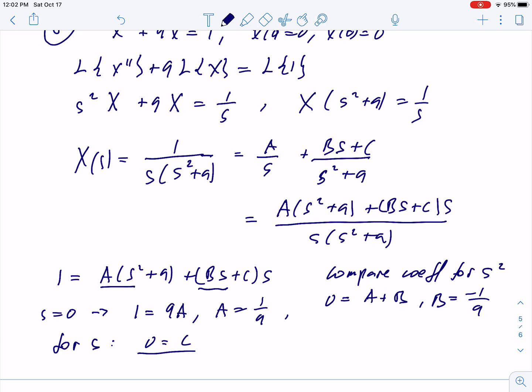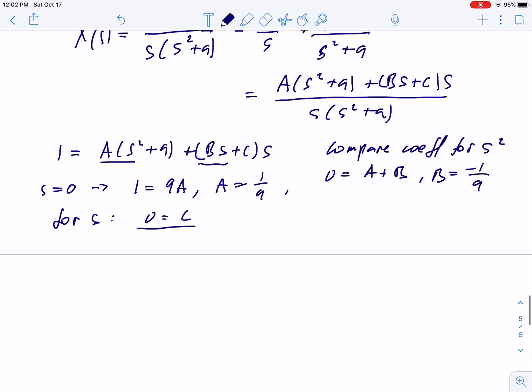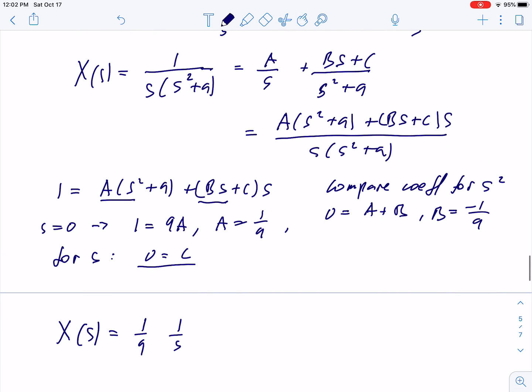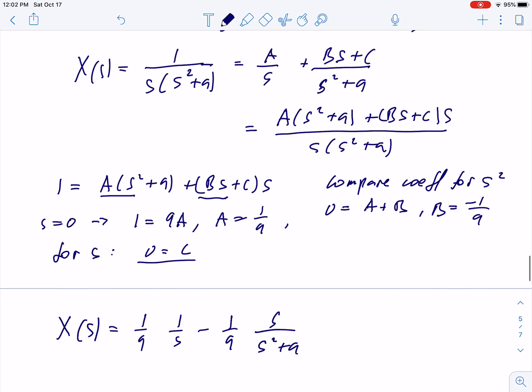So c is 0. And now we can write the big X this way. A is 1/9, 1 over s. B is negative 1/9, c is 0, so I'm writing negative 1/9 s over s squared plus 9.